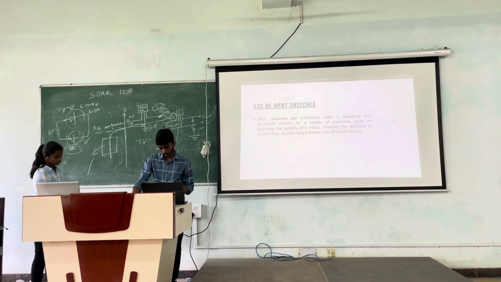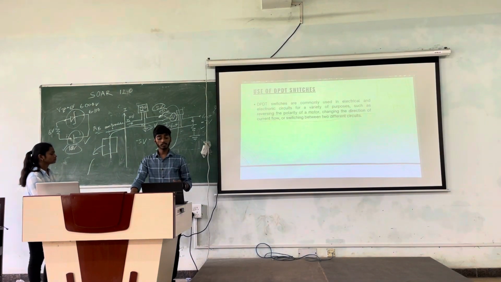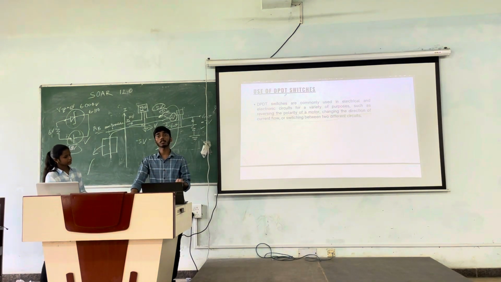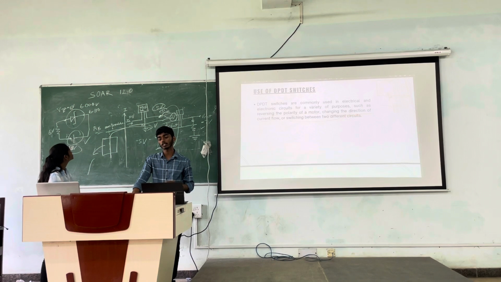Then if we reverse the polarity of this battery like this, the direction of rotation will also be reversed. So in this way we can change the direction of rotation of a DC motor. Now we are going to use DPDT switches to change the direction of rotation in a motor. We are not always supposed to change the polarity of a battery physically.